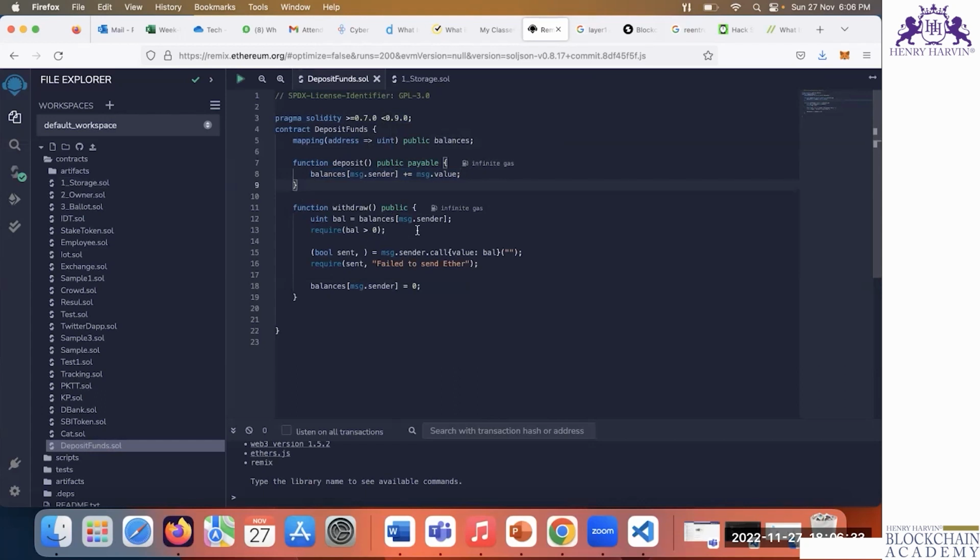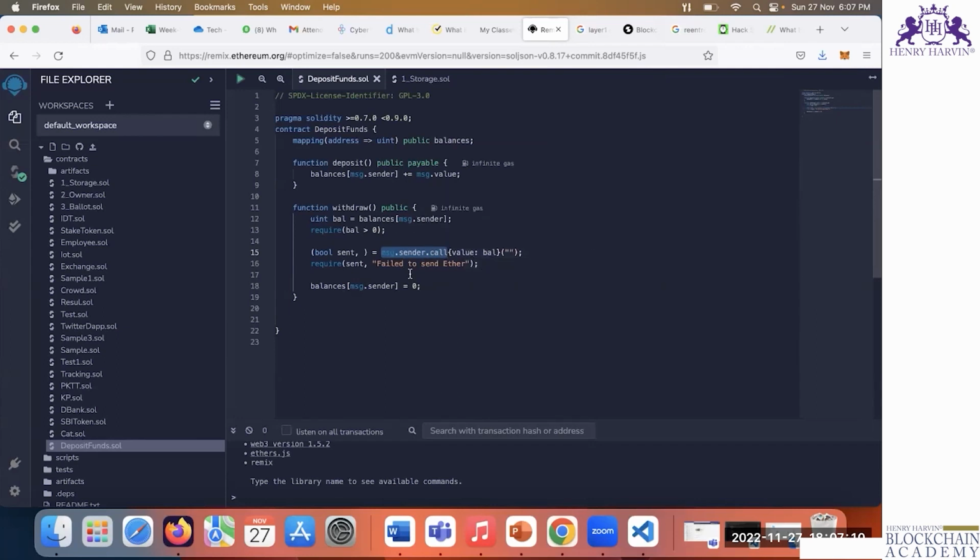We are fetching the balance, and it must be greater than 0. If the balance is greater than 0, the withdraw function can be called by somebody. Then we are transferring that value to the caller using msg.sender.call with value equal to the balance.